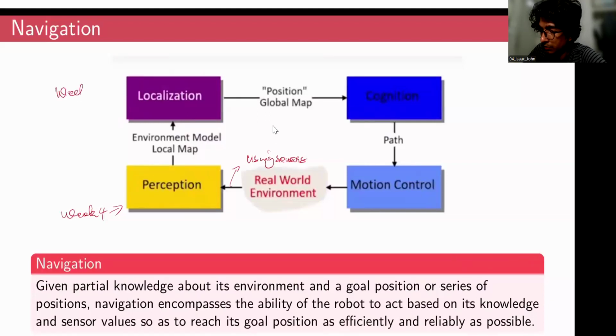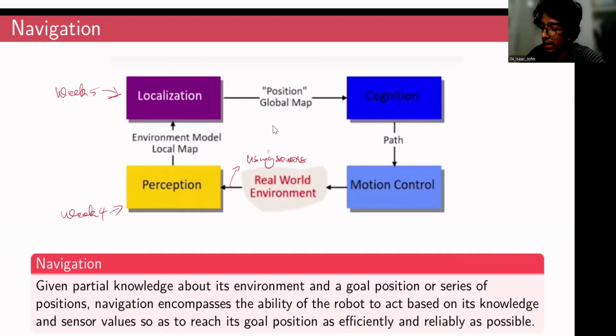And for week 5, we covered localization, where we fuse the information gathered from perception, from the sensors, and from the encoder readings, one from the internal encoders of the robot and one from the sensors, which facilitates localizing the robot within the map that it created.